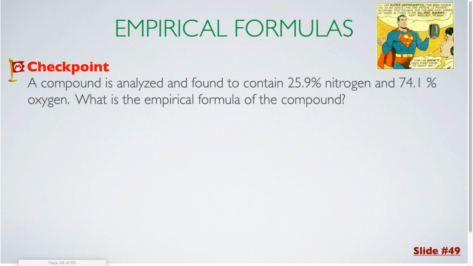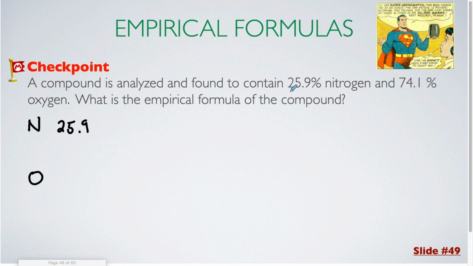For our first question, a compound is analyzed and found to contain 25.9% nitrogen and 74.1% oxygen. What is the empirical formula of that compound? So the first thing I'm going to do is list out each of my elements. So I know there is nitrogen and I know there is oxygen. 25.9. One of the steps on the previous slide said to assume 100 grams.